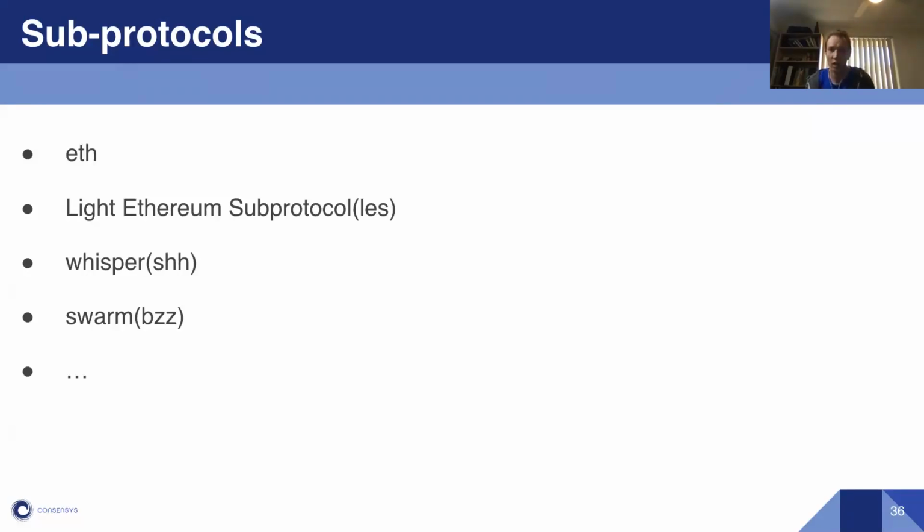Whisper is another one of the subprotocols, which is used for sending messages to people that you don't want to have written to the blockchain. And Swarm is the subprotocol that is used for file sharing. Whisper and Swarm are both probably more experimental subprotocols that are found in Go Ethereum, but probably aren't running in most clients on the network.